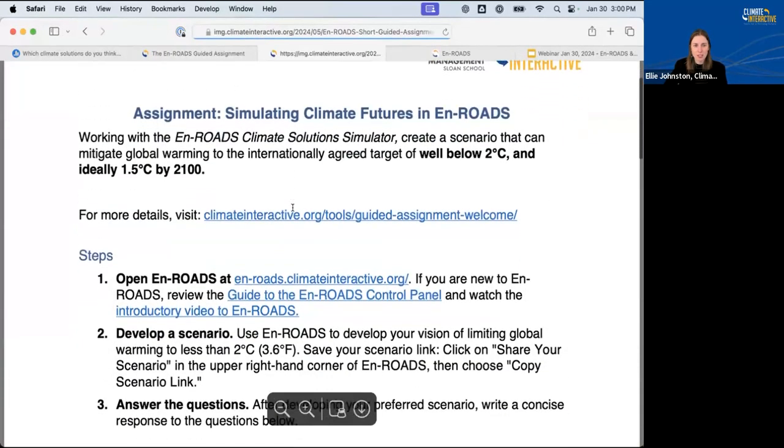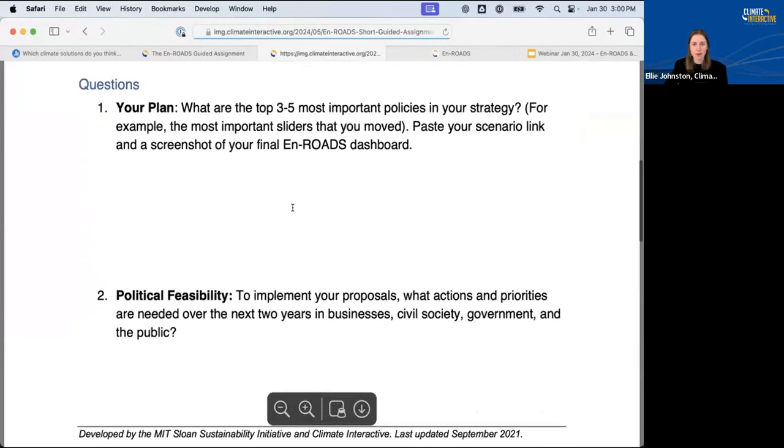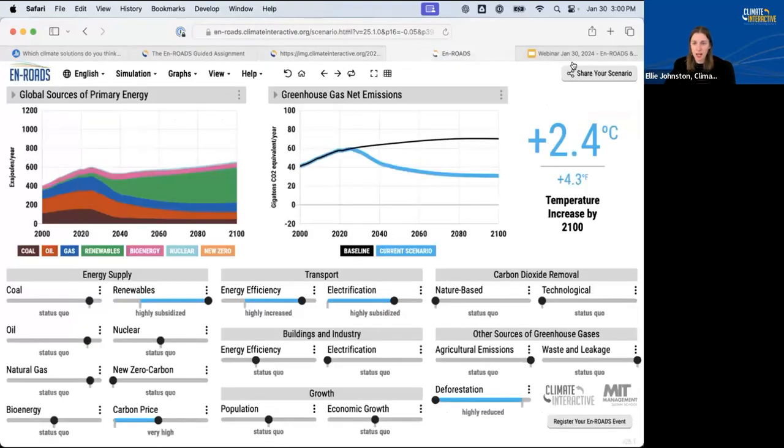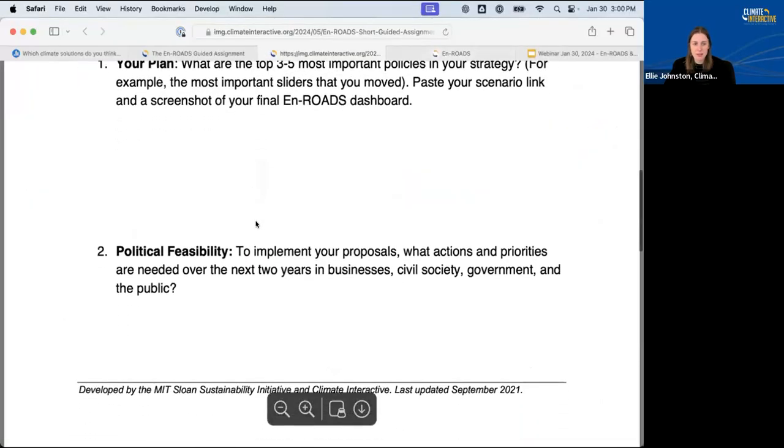Here, I'll give you a quick preview of the types of questions within the student assignment. The first thing is just your plan. Have the students come up with their own scenario by moving the sliders of En-ROADS. They can then grab the scenario link, copy scenario link, or just grab it from the URL bar there, and paste it into their response.